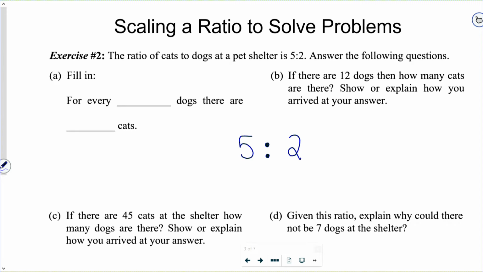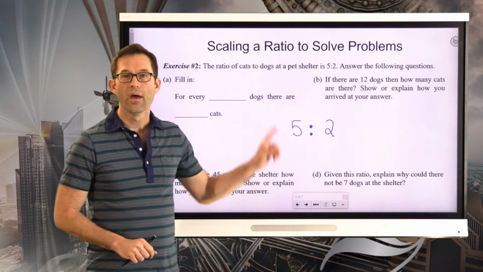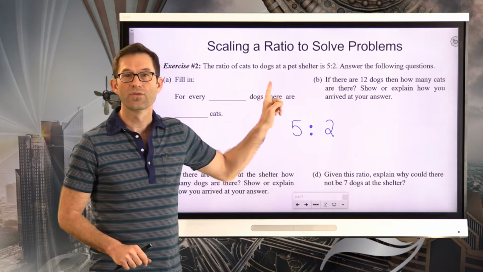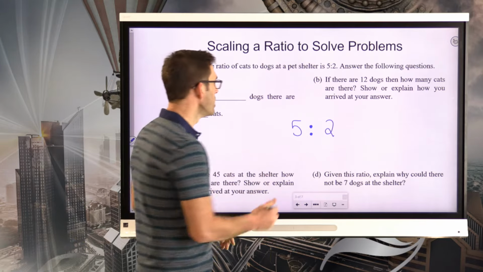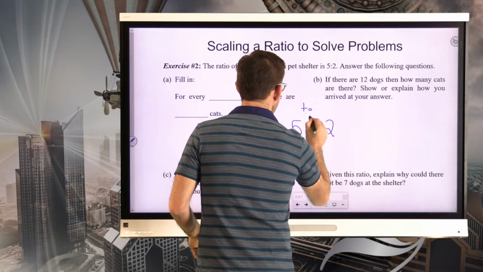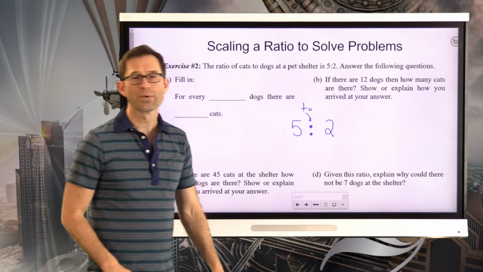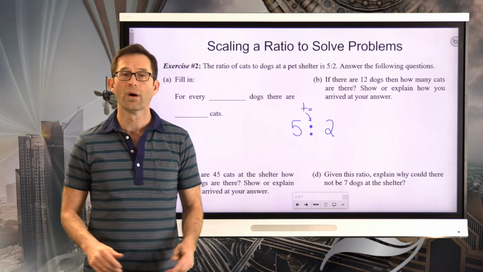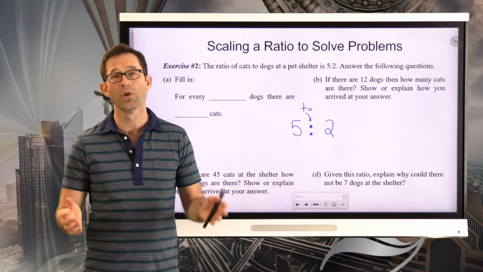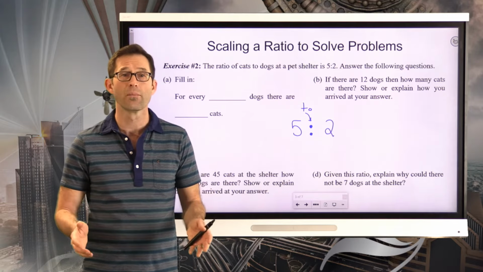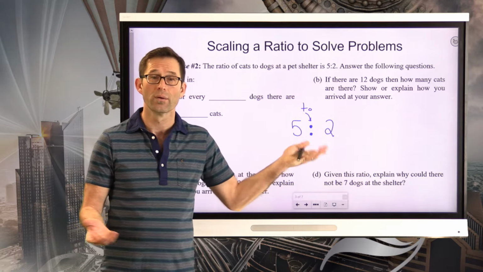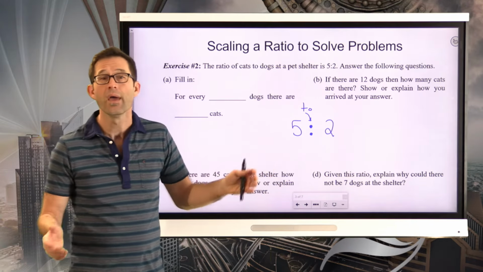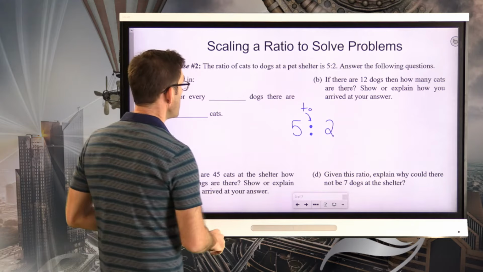But literally, when you see something like this, cats to dogs, the colon is just the word "to." Why we don't just always say 5 to 2, I don't know. Mathematicians are renowned for taking words that are commonly used and replacing them with symbols that don't make any sense, like replacing the word "to" with a colon. Who knows? Anyway, we do see ratios a lot of times in that form.